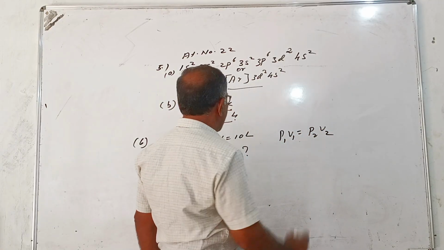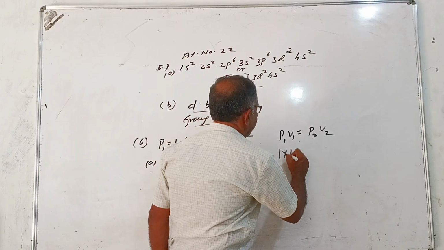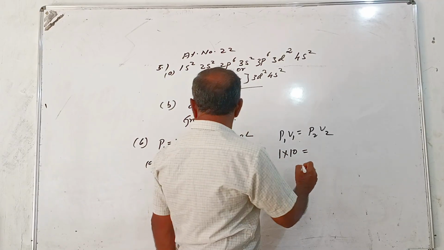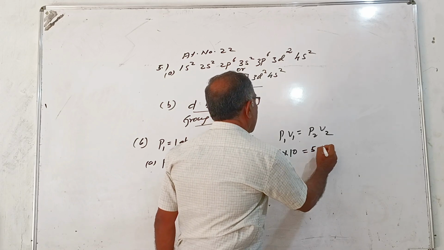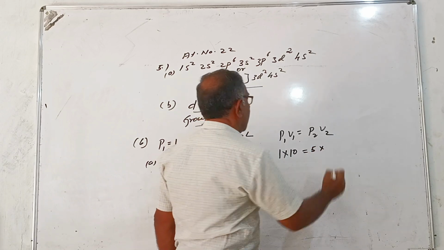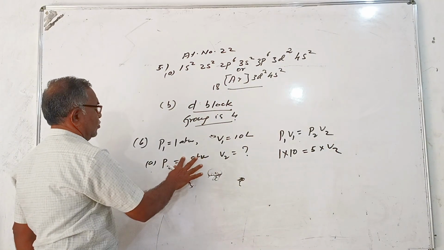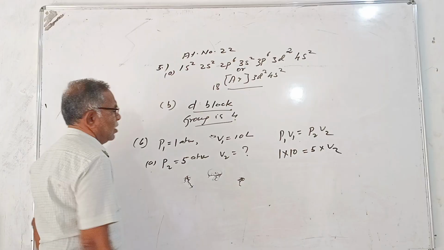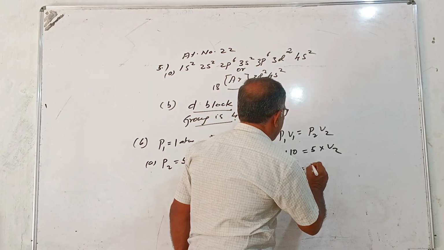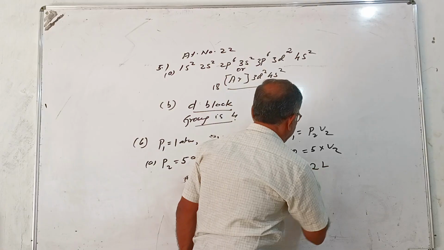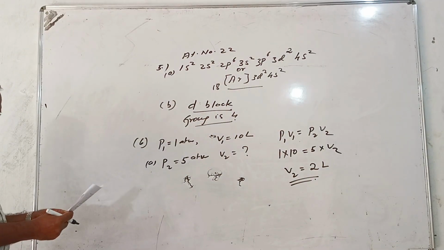That is, P1 1 into V1 10 is equal to P2 5 into V2. So V2 is equal to 10 by 5, that is 2 liter. It is the answer.